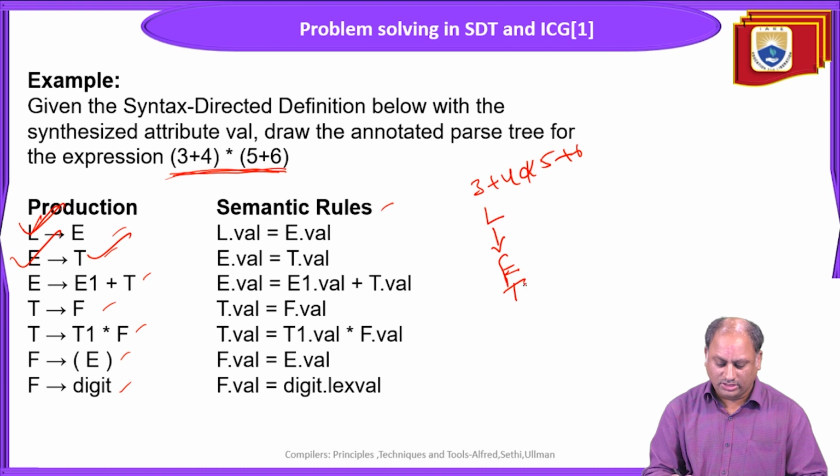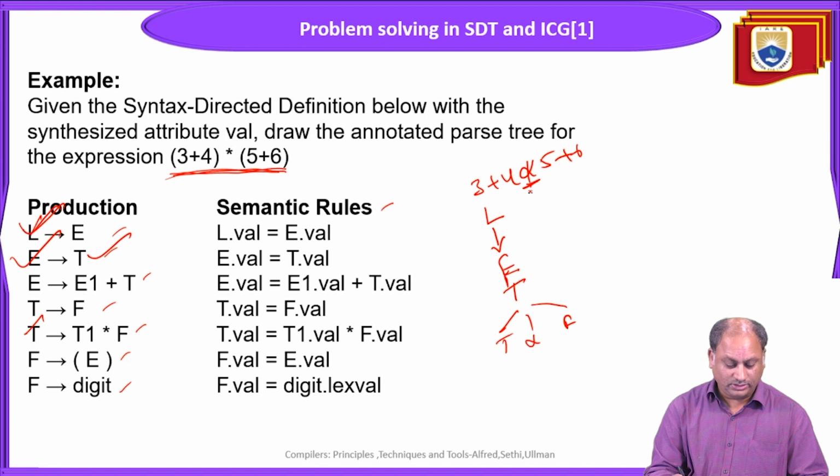For T we can take T star F, because the star operation is required, and for T again F. And expression F is E plus T, where E is T, and plus T is F. Now F is a digit, so we can consider it is 4, and T derives F, a digit, so here it is 3.